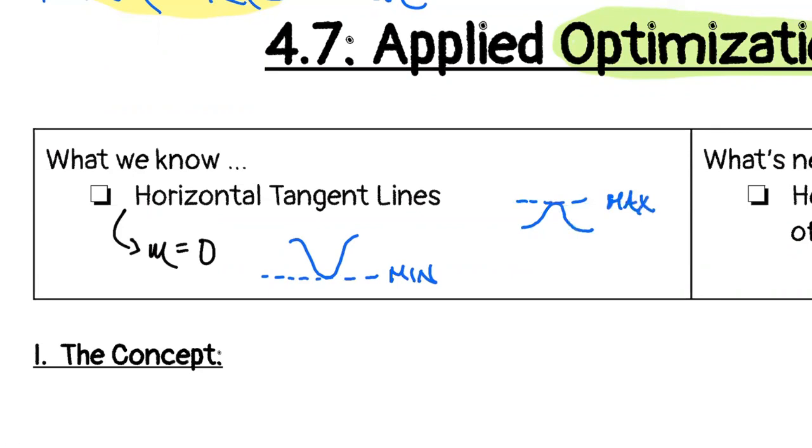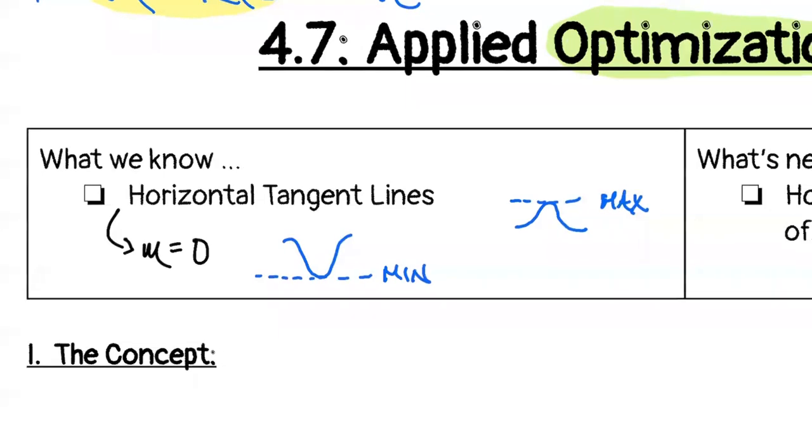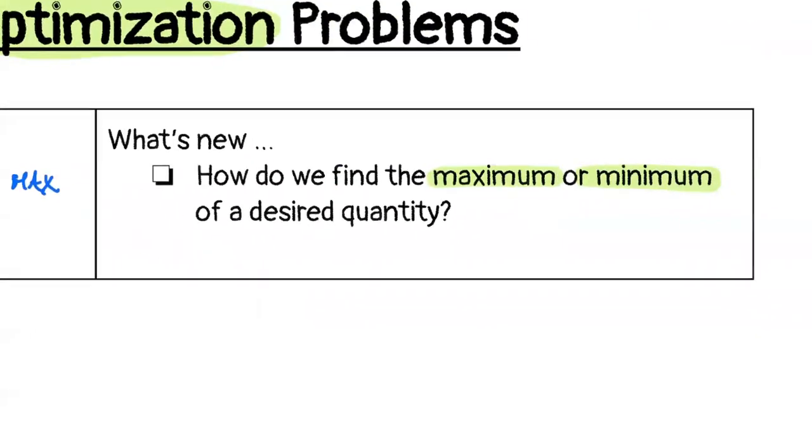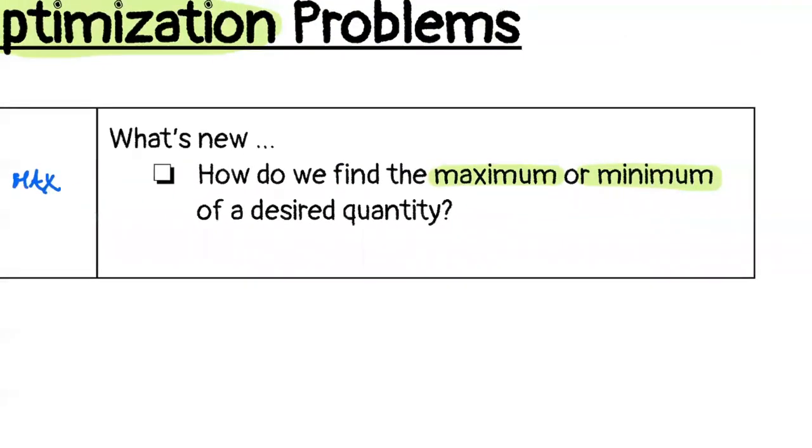We have a minimum, we have a maximum, and that's where we typically have horizontal tangent lines. I really like that people are bringing up sine and cosine waves because you can have a curve that has more than one. For our purposes, we're going to be looking at curves that only have one maximum or minimum.